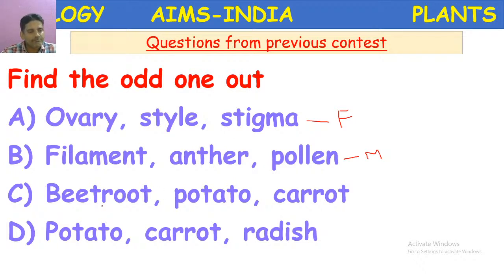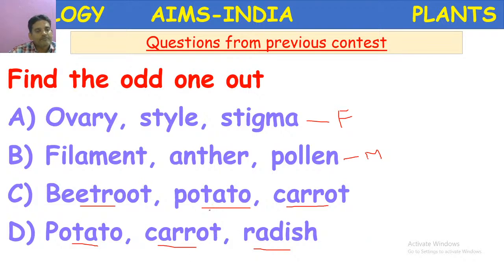So let us see option C. Beetroot is a root. Potato is a stem. Carrot is a root. So here one stem, potato, is included. Here, potato is stem, carrot is root, radish is root.